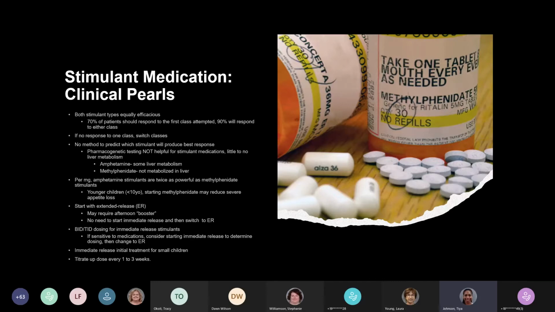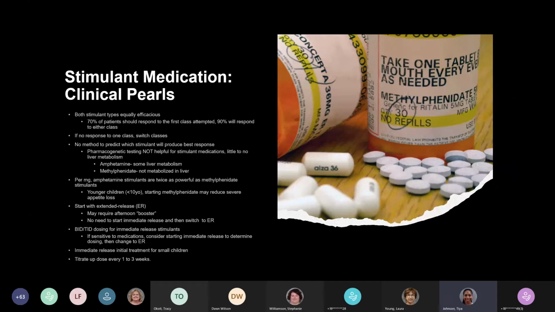Now, at this time, there is no method to predict which stimulant will produce the best response in a given patient. Pharmacogenetic testing is not helpful for the stimulants, and from what I recall, most of those companies have removed the stimulant medications from their testing profiles, because they are not helpful for the stimulant medications.